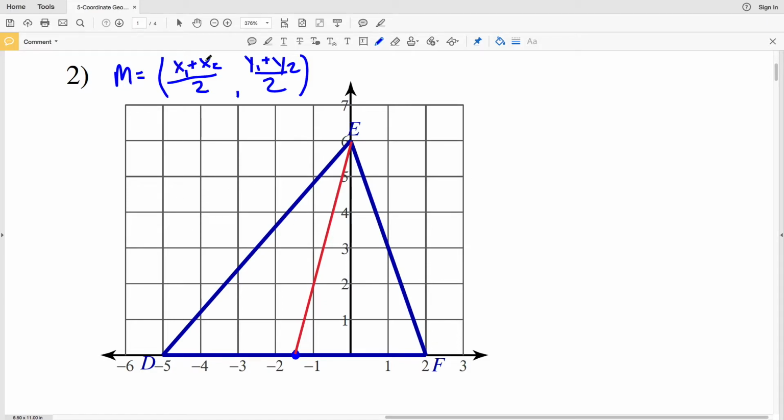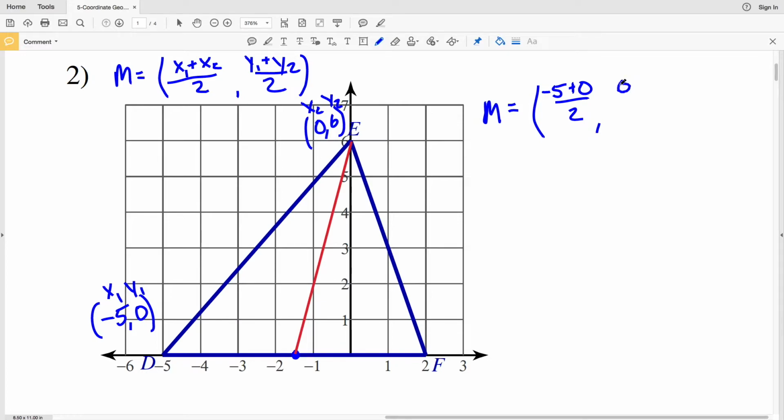So we need x1, x2, y1, and y2 in order to solve for the midpoint. D occurs at -5, 0, and E occurs at 0, 6. So we have x1, y1, and x2, y2. So our midpoint, M, will equal -5 plus 0 all over 2, comma, 0 plus 6 all over 2.